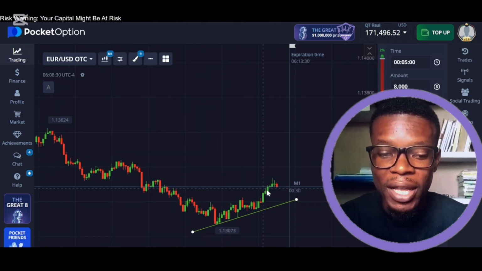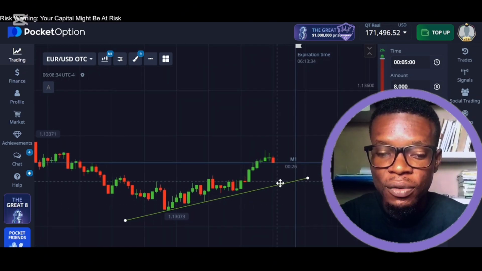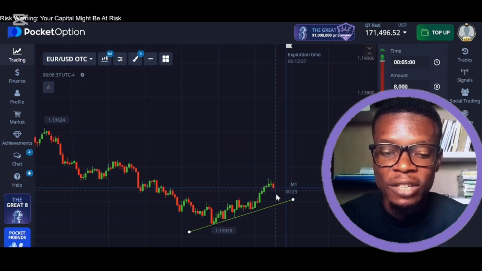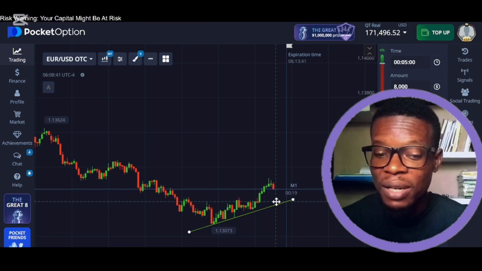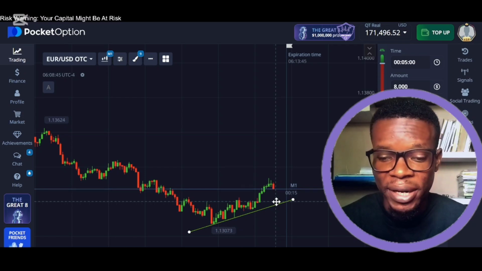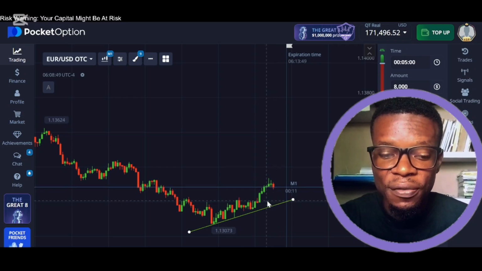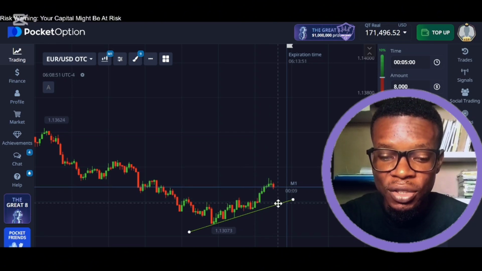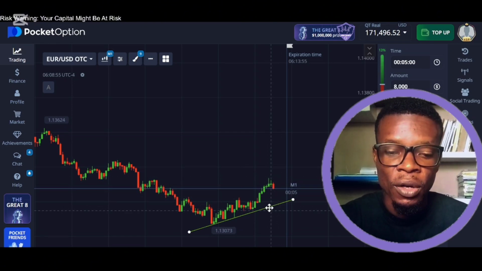I expect the price to come down in the future and then probably break this level, and then I can take my trade in the direction of the sellers. We don't have any of these criteria met right now, so we're just going to wait to see if price comes back and breaks this level down, and then we'll take the trade in the direction of the sellers.